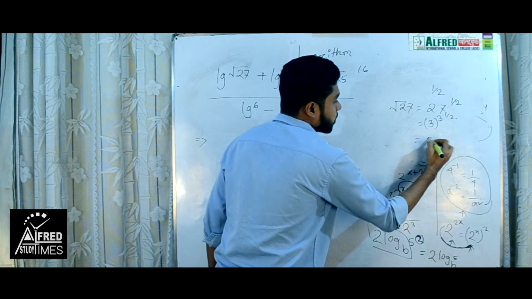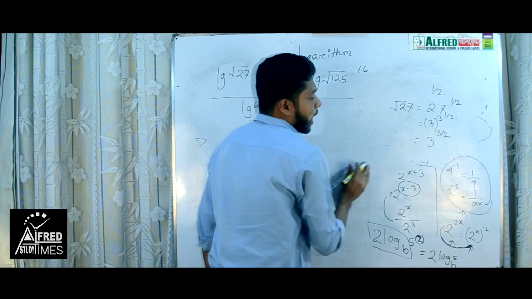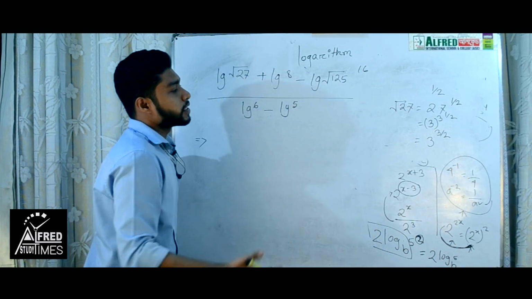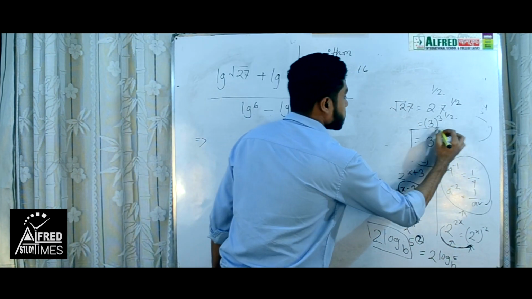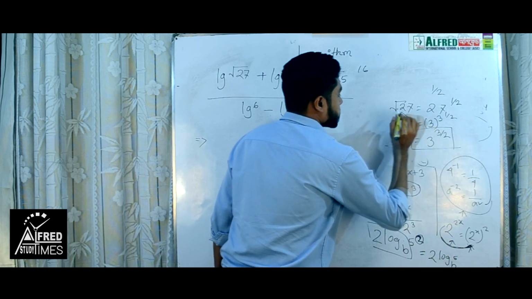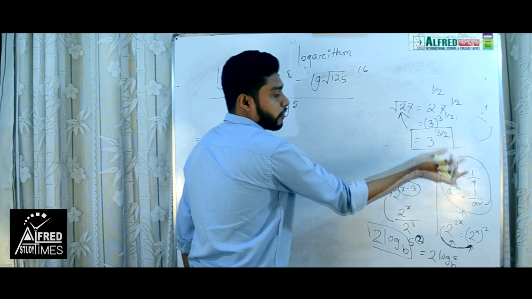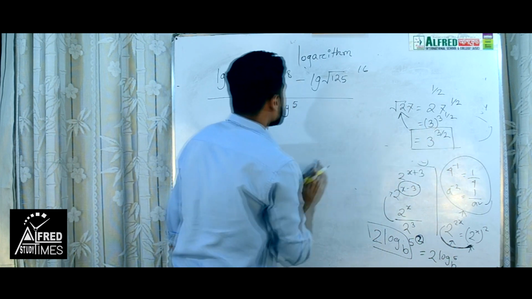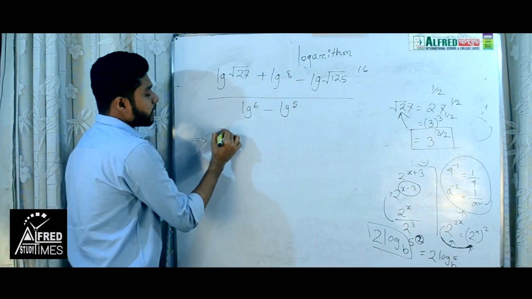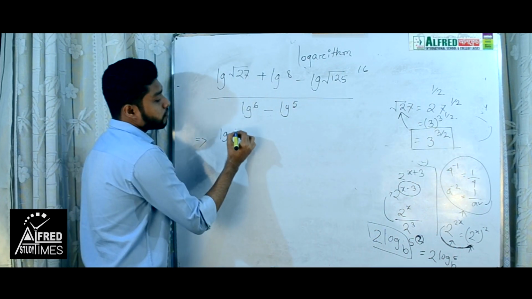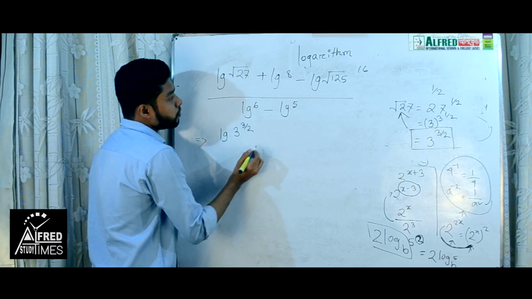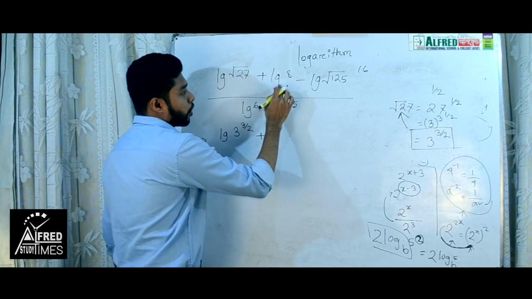We can write 27 as 3 cubed, that means (3^3)^(1/2). You can use a calculator, it is your choice. So root 27 I write here as 3^(3/2), plus log 8.